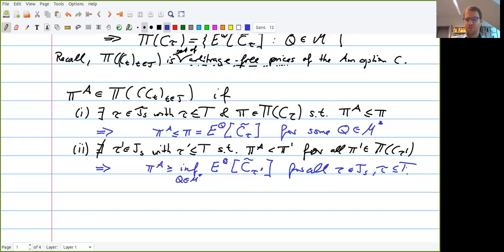Okay. Right, so what we see here is we have an upper bound and a lower bound. So let me use these two statements and combine them.